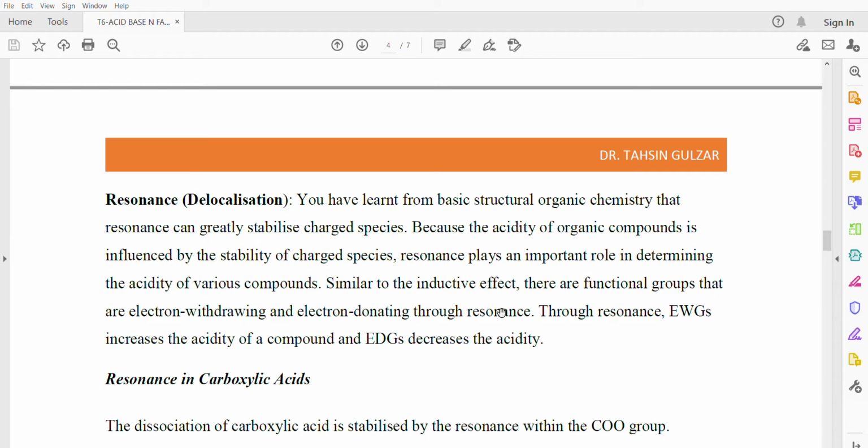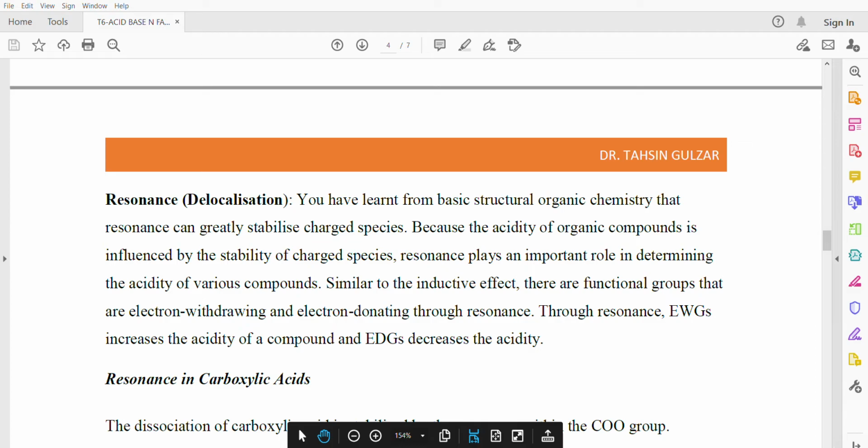Oxygen itself has a tendency to attract electrons, so it will not be uncomfortable having a negative charge on it, and there are two oxygens mutually sharing that negative charge due to delocalization, plus three fluoro groups also attracting electrons. So as compared to the acetate anion, the trifluoroacetate anion is very stable.